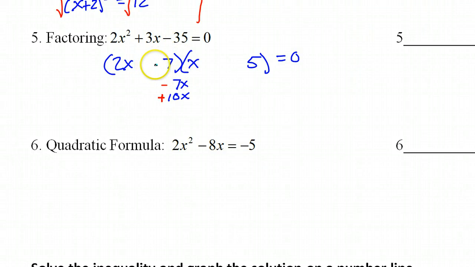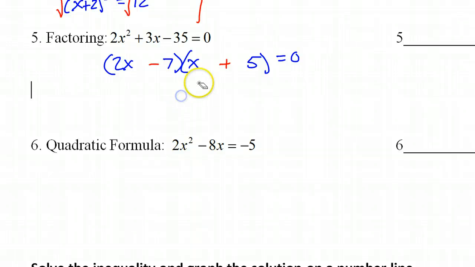Okay, so that means negative 7 is right there, and the positive 10 would come from this being positive because we're talking outer. One last thing I have to check. Does negative 7 times positive 5 give me negative 35? Yes, negative times a positive is negative. So there I've factored it.